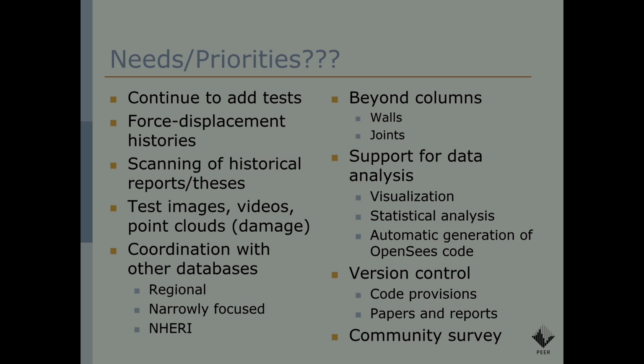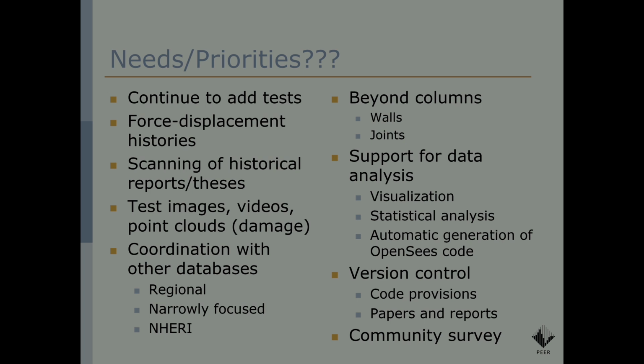I think in the geotech world, they do that almost always. We do that rarely. Visualization, analysis, and if we're all going to use OpenSees, why not just have a little code that actually allows you to duplicate that test, and then you change the properties, you add whatever material model or different model you want to add.